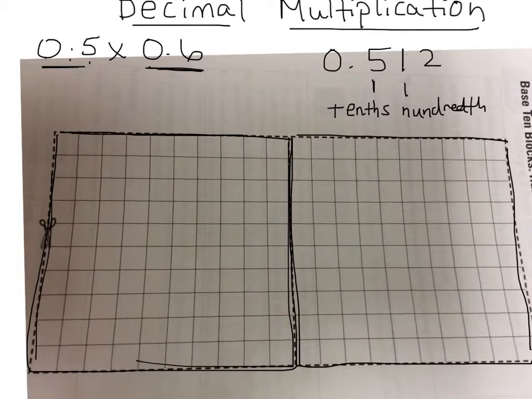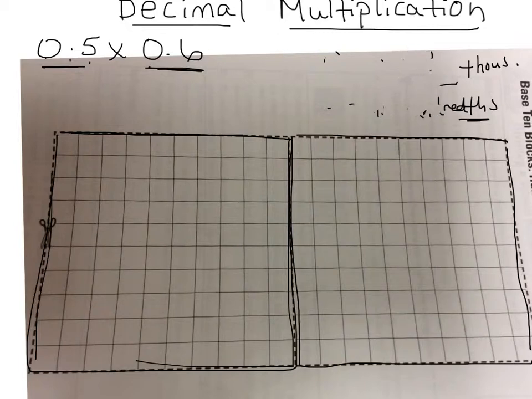And if we had a number here, it would be the thousandths place. So tenths, hundredths, thousandths with a THS on the end. So the proper way, again, this would be 0 and 5/10, and this would be 0 and 6/10.